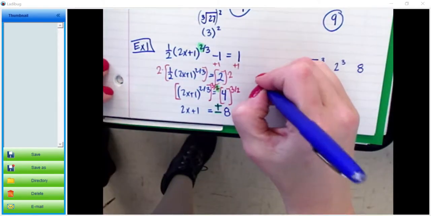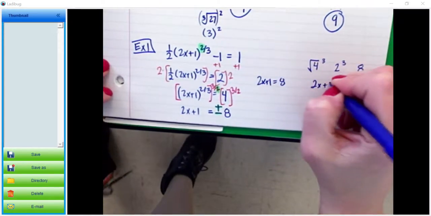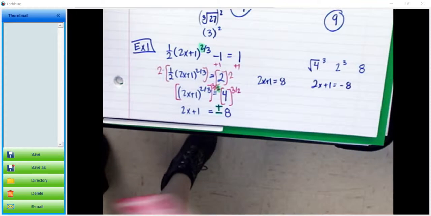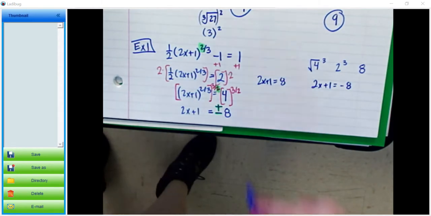Okay. 2x plus 1 equals positive 8. 2x plus 1 equals negative 8. You have not isolated yet. You got all the way to the exponent. You still have to go back and start over and get to x.